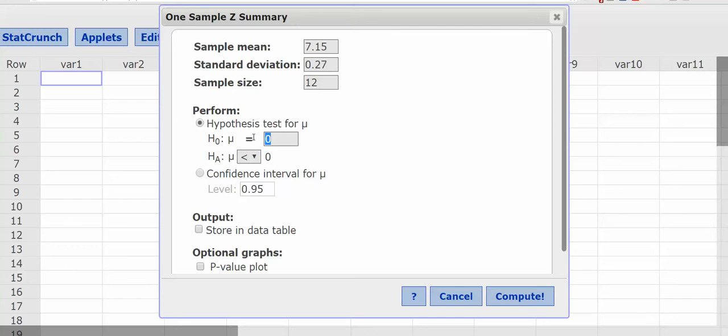So I'll make sure I put less than and type 7.25 in that box above it. So I have the hypothesis test for the mean. The alternative was less than 7.25. We're not concerned about the confidence interval with this particular test.